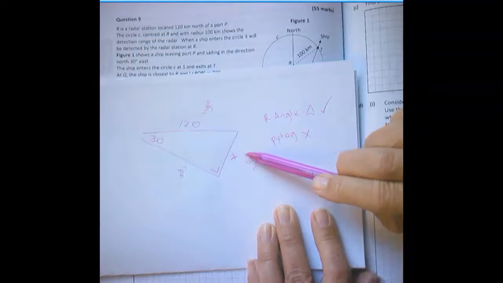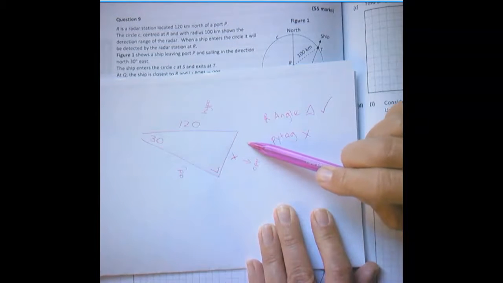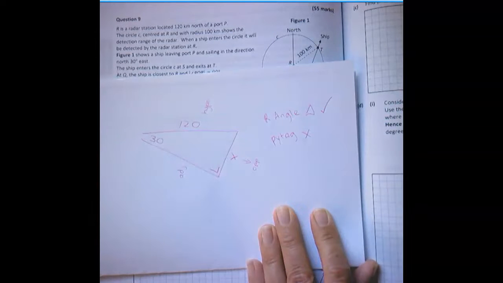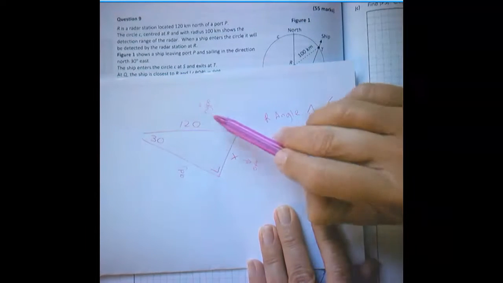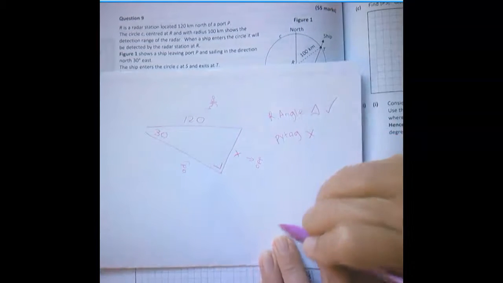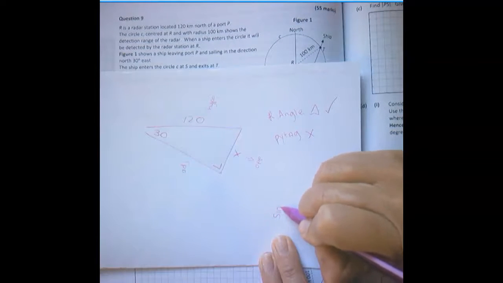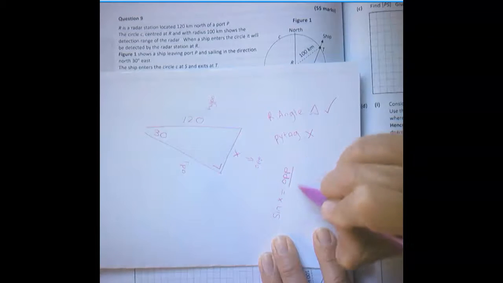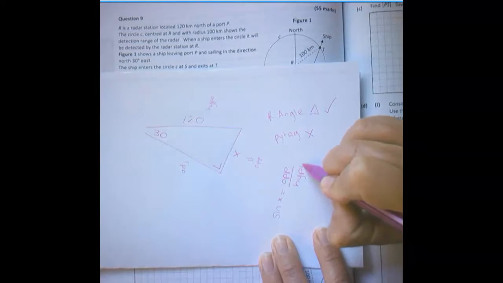I am looking for x, so I am looking for the opposite. What formulas have I got that involve opposite? And this other side I have is the hypotenuse, so opposite and hypotenuse is your sine. So the sine of x is equal to the opposite over the hypotenuse.